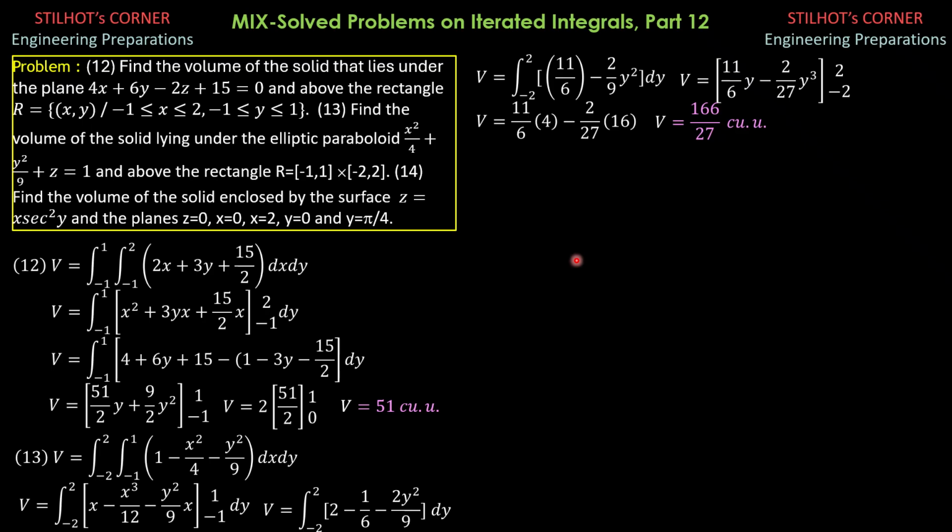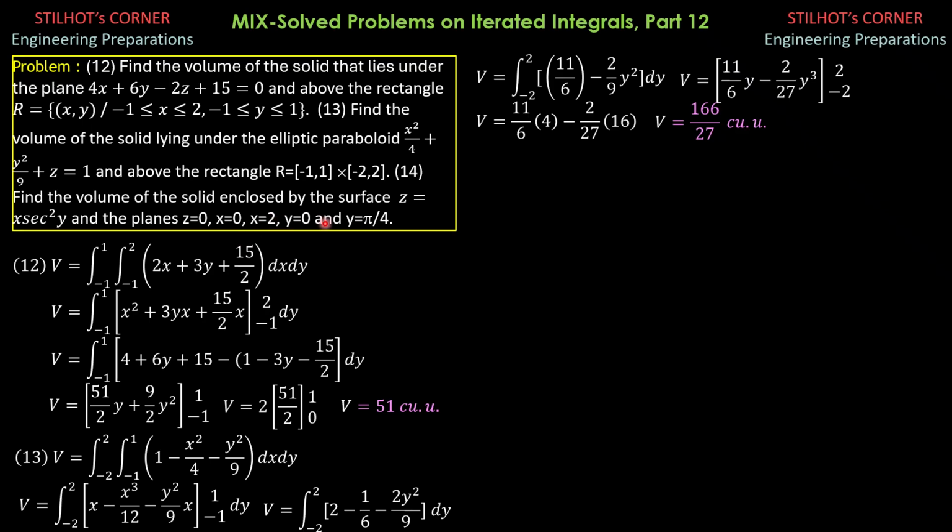Then next is the volume of... find the volume of the solid enclosed by the surface z equals x secant squared y, and the plane z is 0, so that's the horizontal plane. x is 0 to 2, and y is 0 to pi over 4.